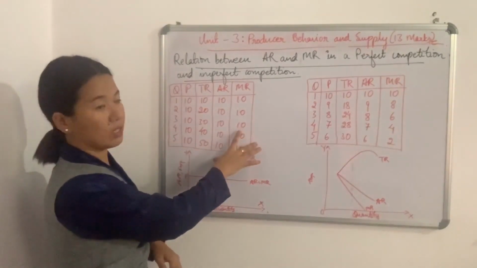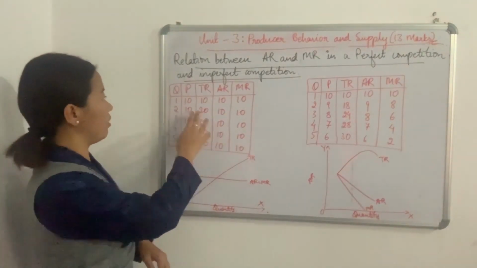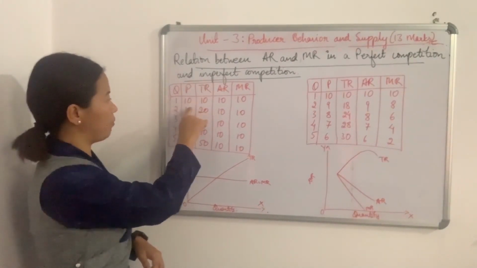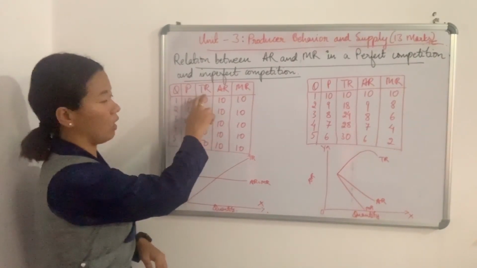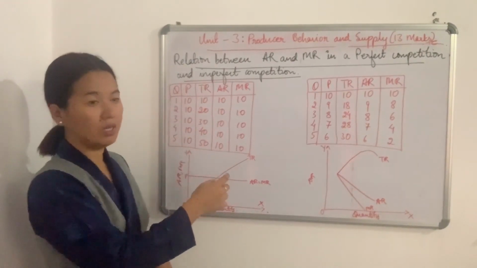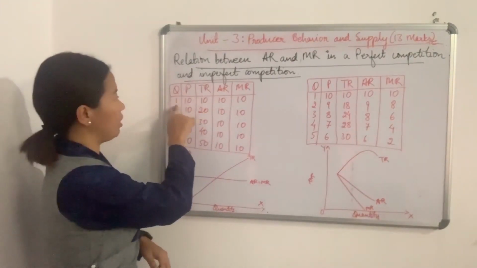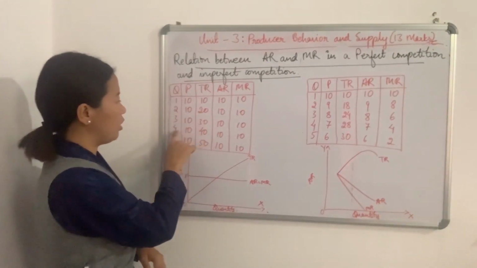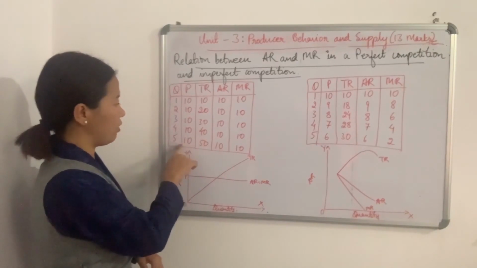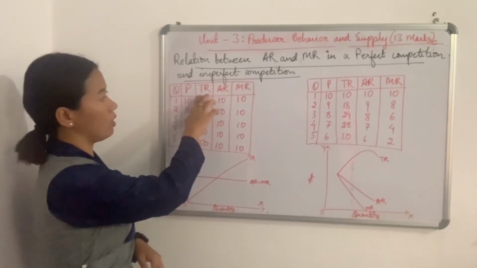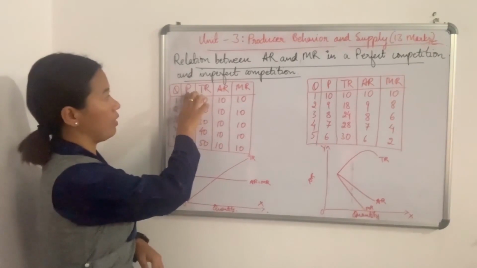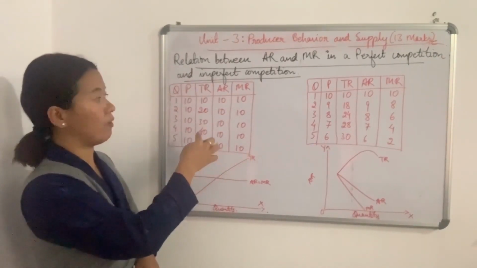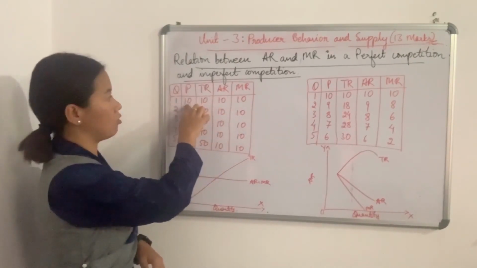We'll go to the first schedule. Here the quantity of commodities sold is increasing and the price remains constant. TR, as we have learned earlier, is price into quantity. 1 into 10, 10, 2 into 10, 20, 3 into 10, 30, 4 into 10, 40, and 5 into 10, 50. And average revenue, as we have learned earlier, is equal to price.